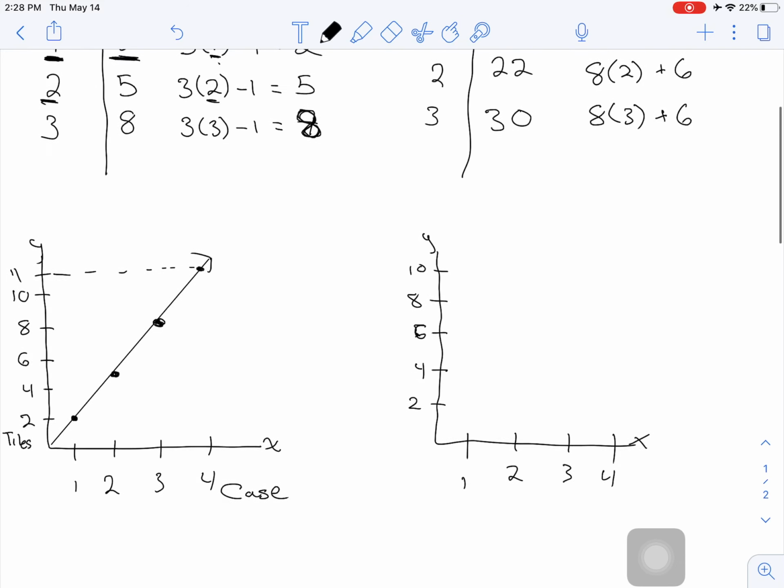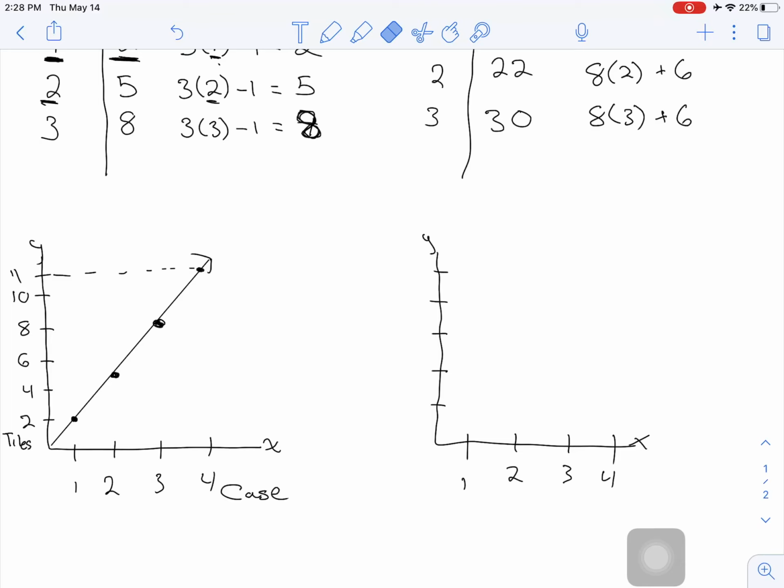So we have this pattern here. And if you look at my graph, I used the wrong legend, so I'm going to just change that. Let's go up by 5s this time, because we're going 5, 10, 15, 20, 25, 30.